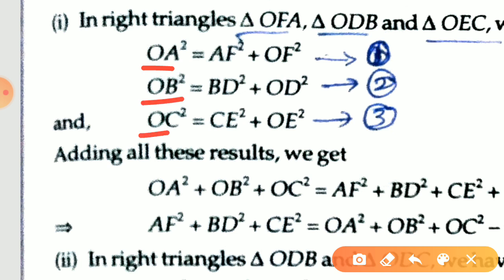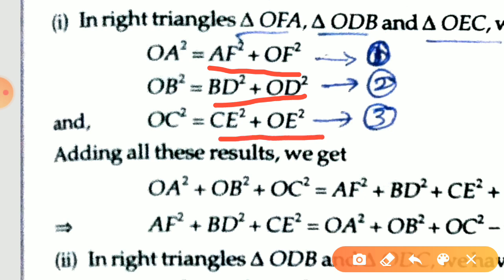These three LHS, we will get OA square plus OB square plus OC square. Now adding the RHS, we will get AF square plus OF square plus BD square plus OD square plus CE square plus OE square.